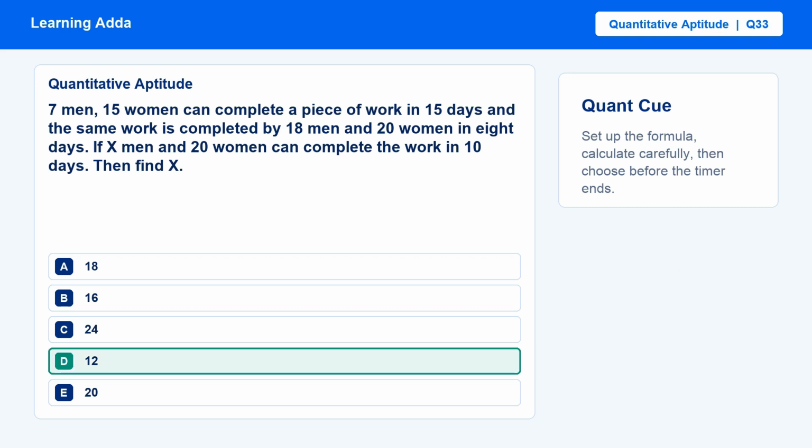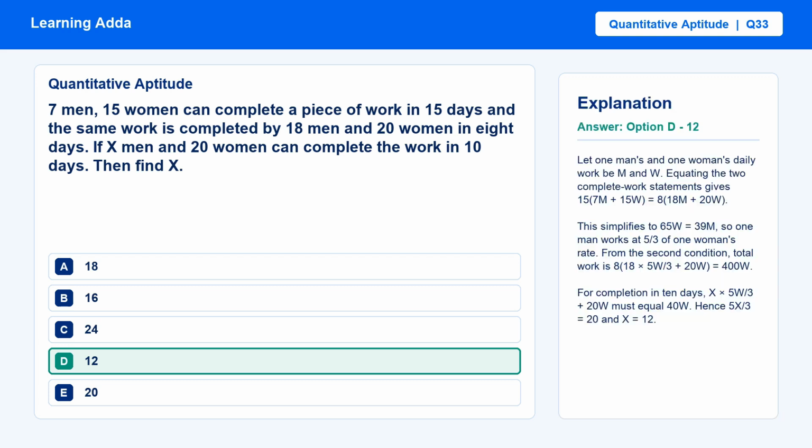The answer is option D, 12. Let one man's and one woman's daily work be M and W. Equating the two complete work statements gives 15 times (7M plus 15W) is equal to 8 times (18M plus 20W). This simplifies to 65W is equal to 39M, and so one man works at 5/3 of one woman's rate.